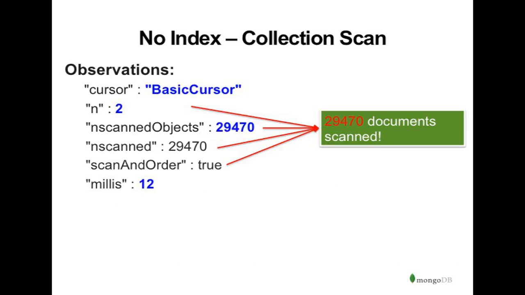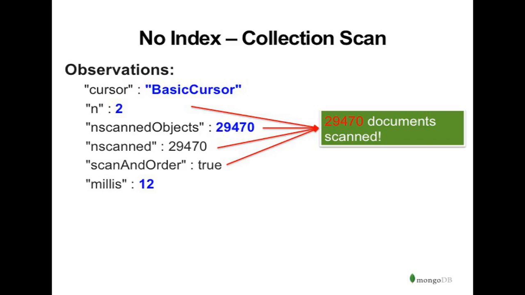Suppose I do not have any index on this collection. What does MongoDB have to do in terms of its own internal work before you see the output? For now, I'm showing the observations. I will illustrate how to view these observations later. For now, let's focus on the results.